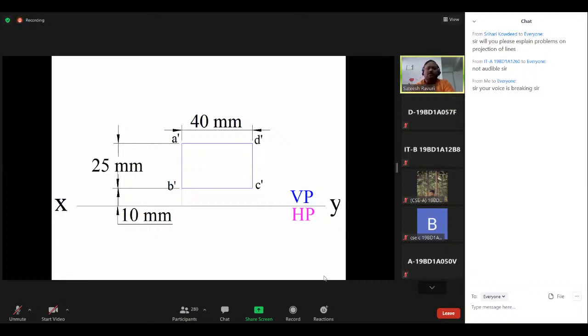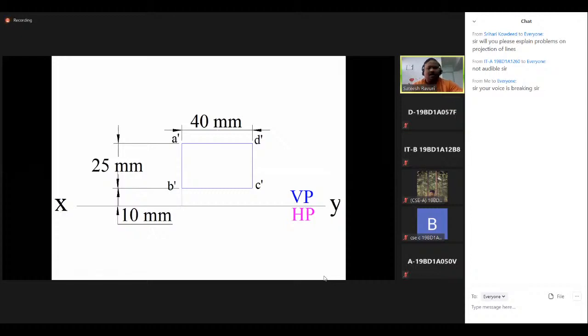So as soon as you realize this point, I mean, when the plane is parallel to VP, no doubt, we can get the true shape on VP. We can draw the true shape on VP like this by taking the proportional dimensions, what it was given in the problem.